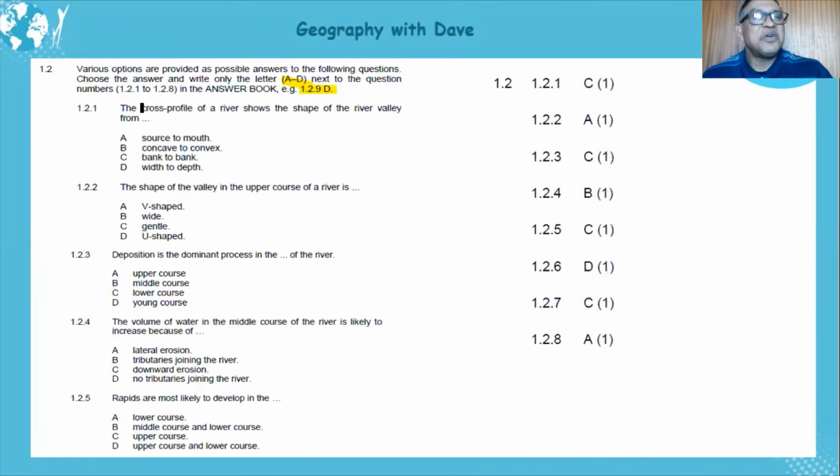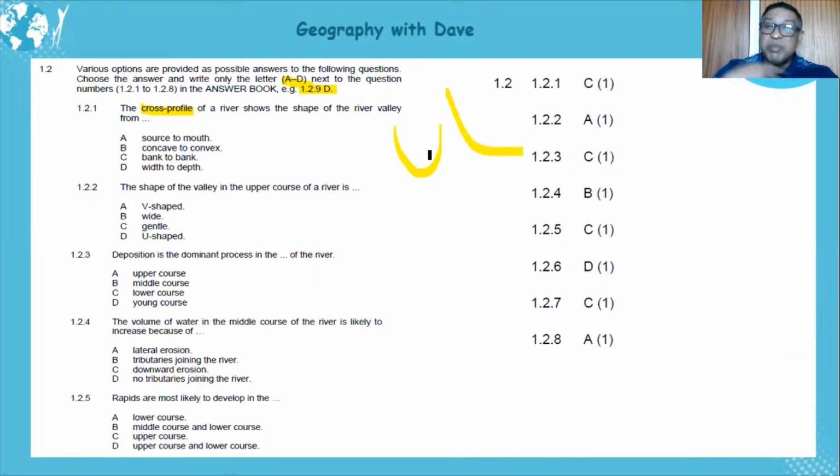A cross profile. Can you see it's testing your knowledge? You know you've done a cross profile and a longitudinal profile. Cross is from bank to bank, longitudinal from source to mouth.